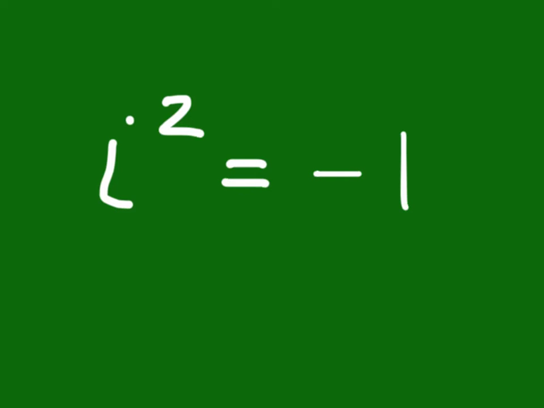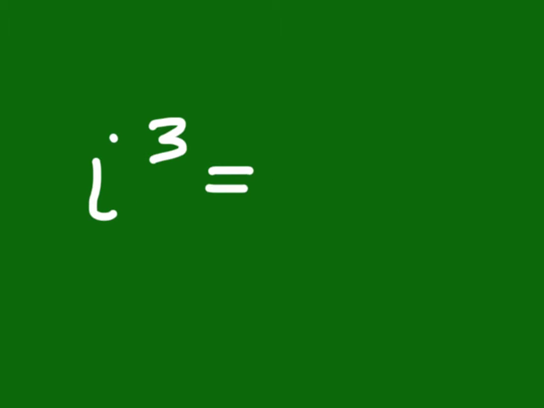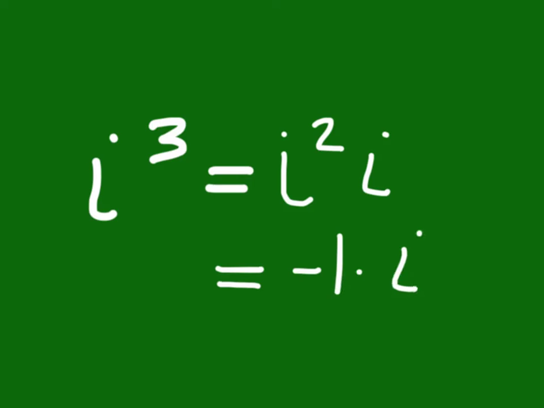The square root of -1 times the square root of -1 is just the sign under the number, -1. What if I had I to the 3rd? You can break it up as I squared times I. What is I squared? -1 times I is simply what? -I.